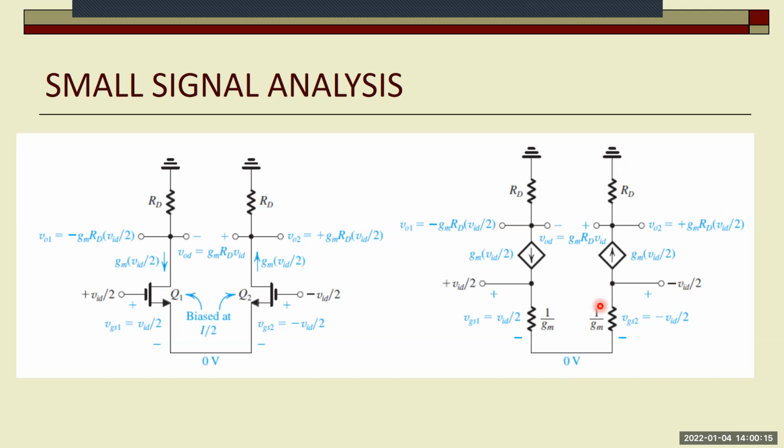What are the VGSs? Because the dependent sources are a function of VGS, they are VID divided by 2 and minus VID divided by 2. The differential gain is obviously the difference between these two outputs, so it's GM RD.